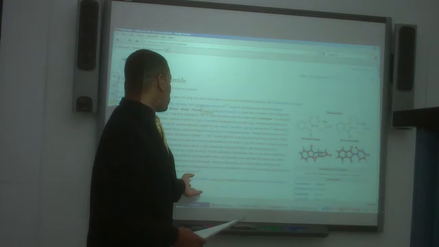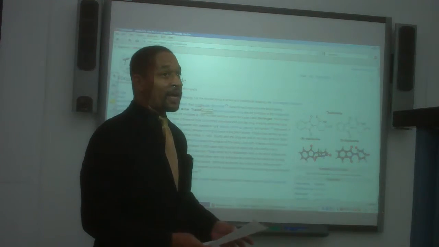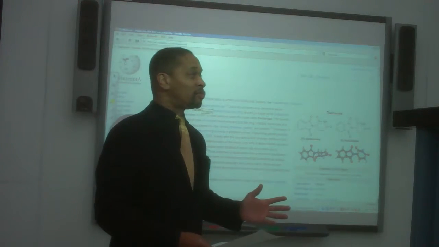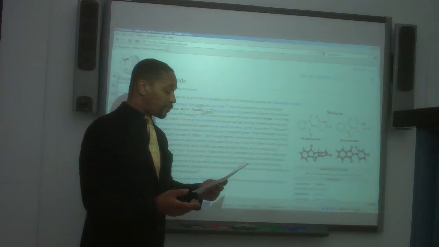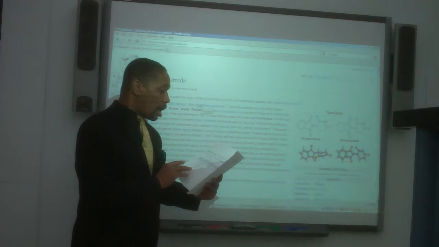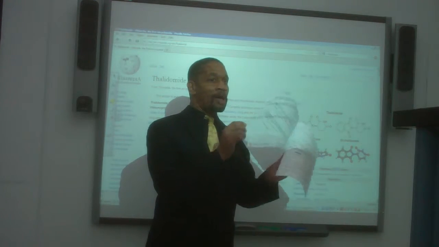This molecule is used in the treatment of cancers. Most all molecules have mirror images, and depending on the number of chiral centers, it has 2 to the n, n being the number of chiral centers.